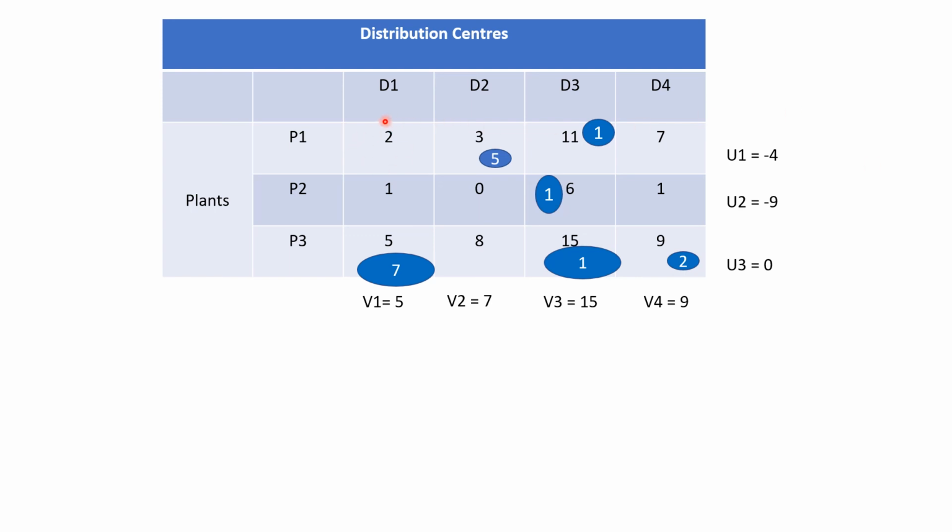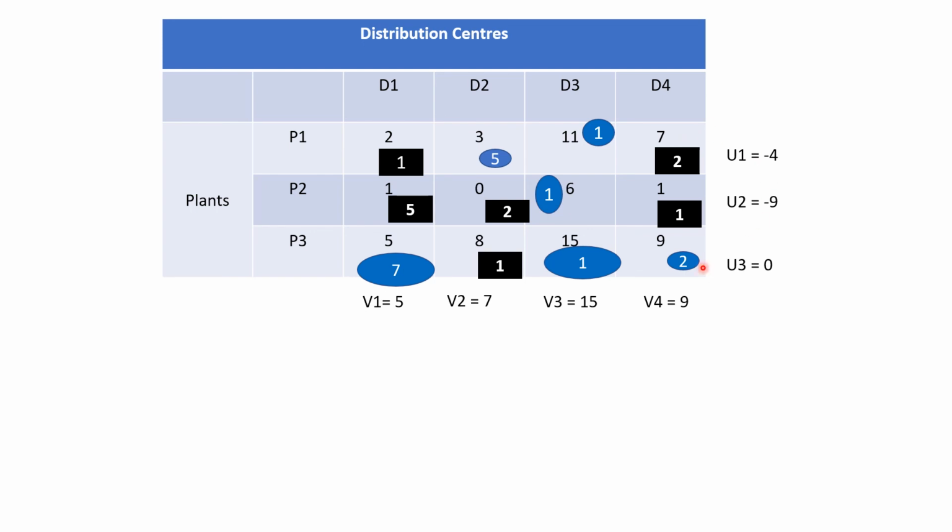So for this cell, it will be minus 4 plus 5, that is 1. 1 to be subtracted from 2, that gives you 1. Can you tell me for this? First you get the value and then verify from the video. So it will be minus 4 plus 9, that is 5. 5 to be subtracted from 7, that is 2. Like this, we calculate the cell evaluations for all the unallocated cells.